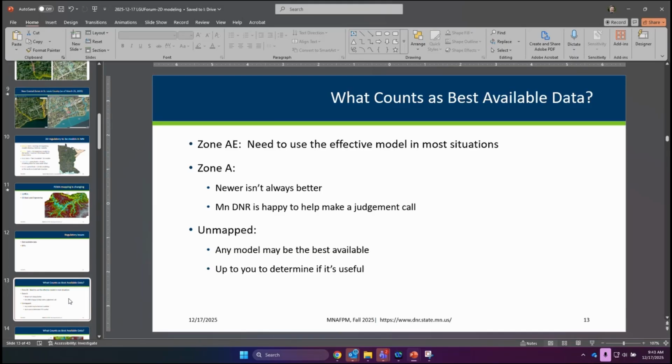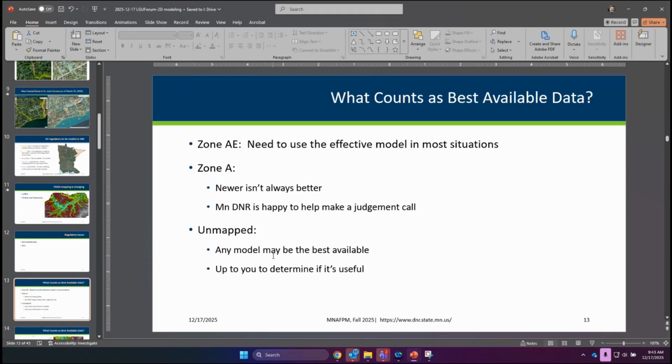But in the Zone A areas, the approximate study areas, there's a little bit of uncertainty about which model may be the best available. The short story is, the floodplain unit staff is always willing to help make the judgment call on what's the best available data. I'll show a couple of examples of that in the next couple of slides. And then lastly, in unmapped areas, there may be any model.